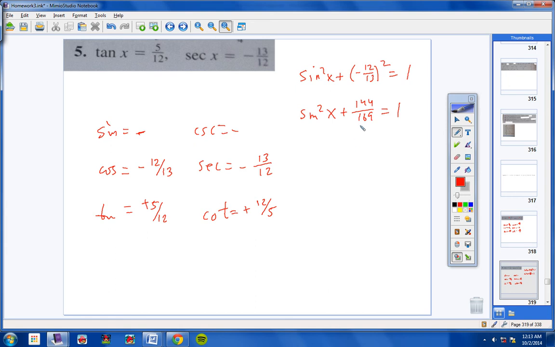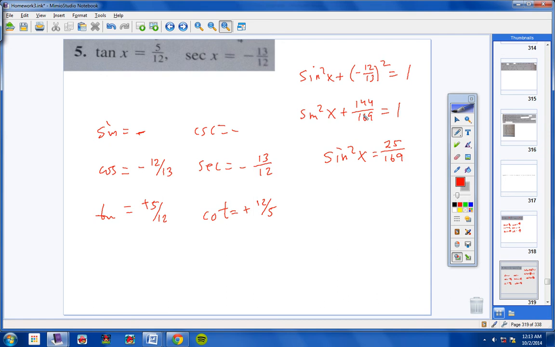Okay, so bring that over and make it negative. Use your graphing calculator fraction button if you need to. You're going to get sine squared x equals 1 minus 144 over 169, which would be 25 over 169. And again, use a graphing calculator if you need to, guys.